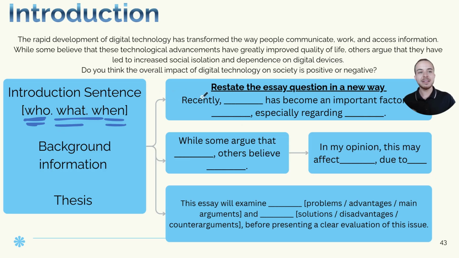So you might say, "Recently, has become an important factor in, especially regarding." So it's a nice compound sentence. It's going to be a big sentence because you need to address the who, what, and when.